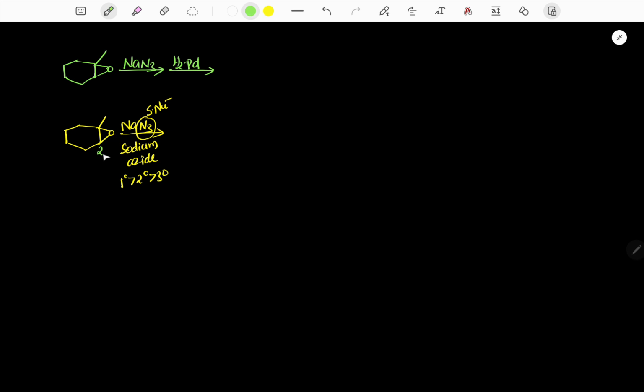Now in the reactant, it is a secondary carbon, it is a tertiary carbon. So the strong nucleophile attacks at the secondary carbon, ring opening takes place. Now the corresponding product is O minus and N3, and I am considering acidification granted because nothing is mentioned. Therefore the corresponding tertiary alcohol and azide.